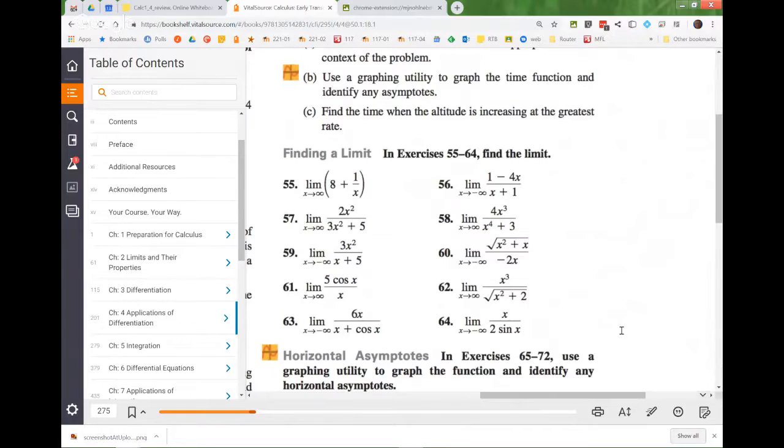The top has a degree of 3, the bottom has a degree of 1, and therefore the top wins. The answer is positive infinity. You're probably thinking, what about the 2? It's so negligible in comparison with x squared that it just dissolves. Yeah, just look at the power.